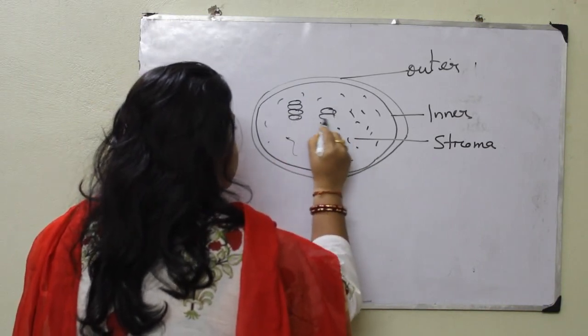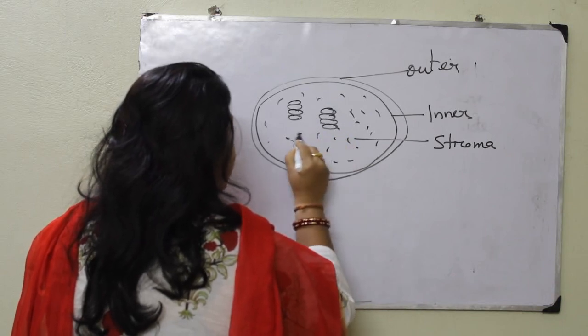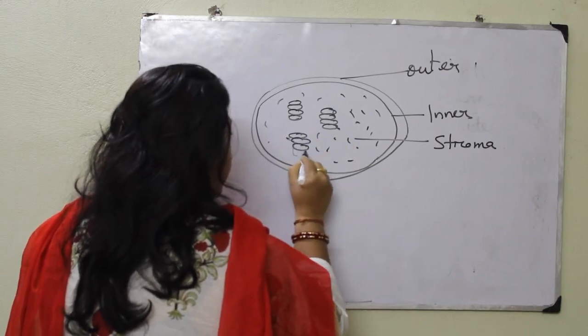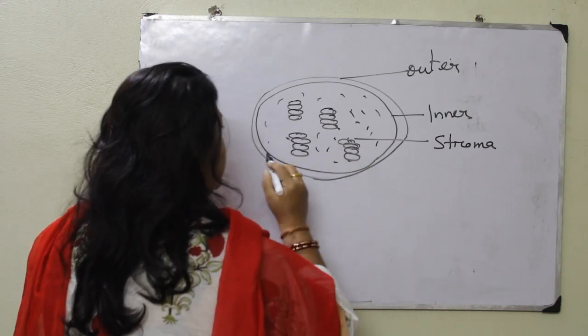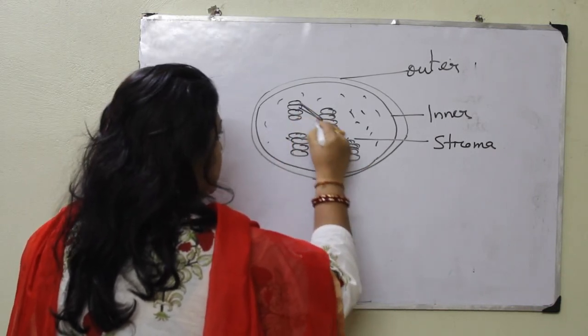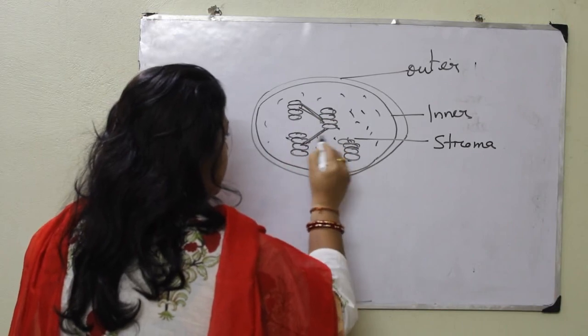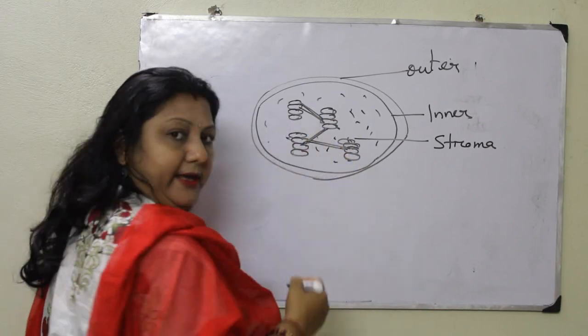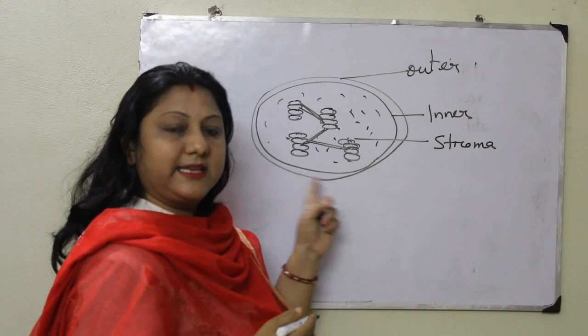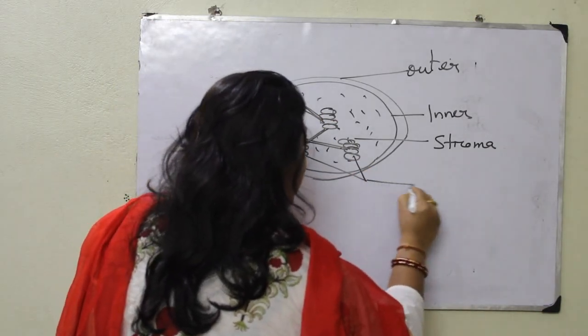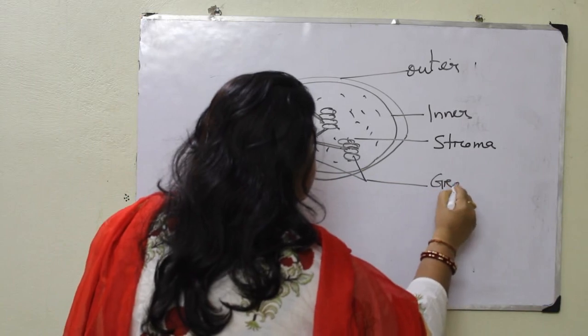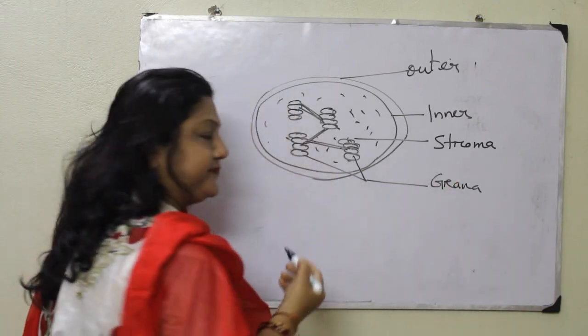We will be labeling these disc shaped structures. These stacks are present inside the stroma. Now what are these stacks called? These are called the grana.